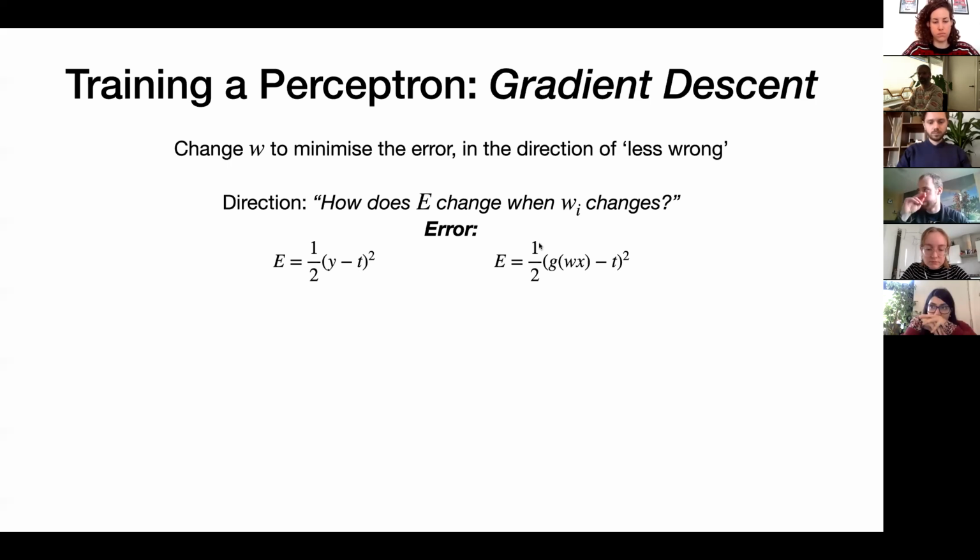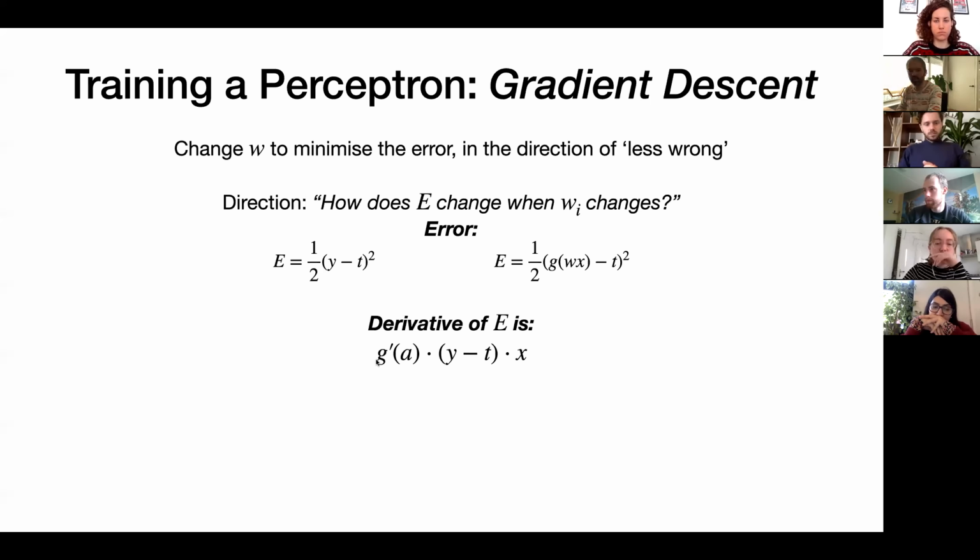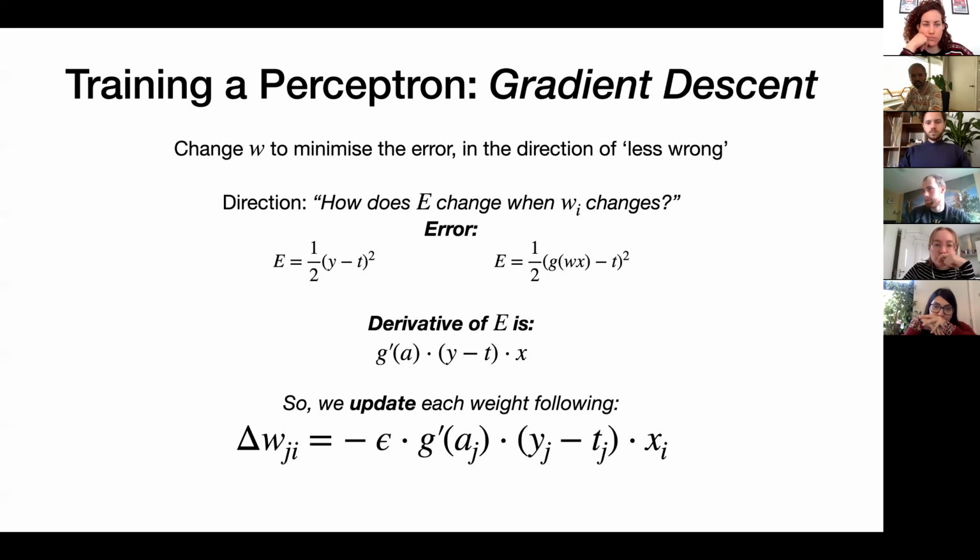The y was this function over the weights times x, so this is something that we already knew. And the derivative of e here is then the derivative of that function g of a, and this is why it needed to be differentiable, times (y minus t) times x.